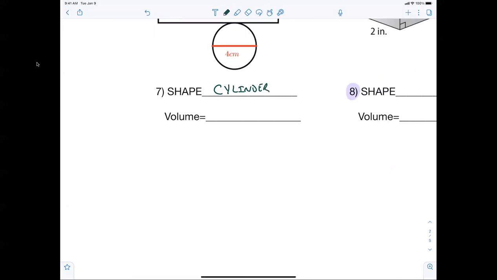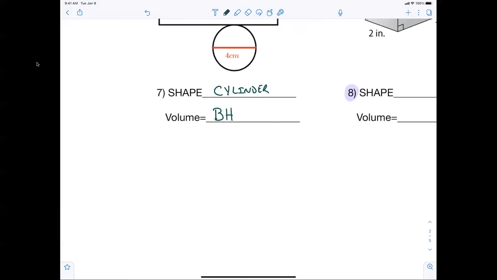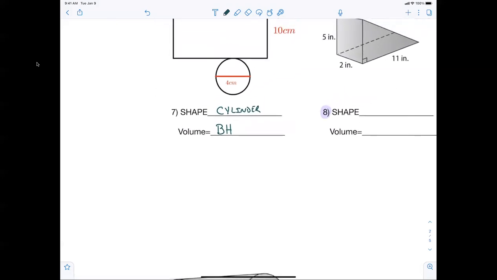All right. So I want everybody again to write cylinder. And again, I want everybody to write volume equals area of the base times the height. What is the base shape again? Circle. What's the formula for area of a circle? Good job, girl. Pi times radius squared times capital H. Everybody okay with that?